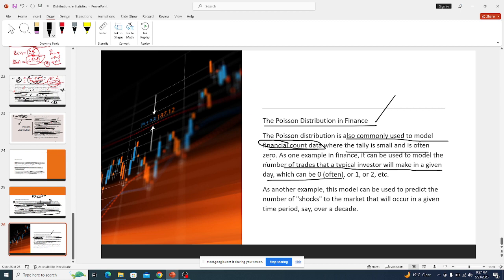With that we'll be able to model your betting behavior. So that's an example. Basically, under Poisson, we are focusing on the number of events within a given period of time.